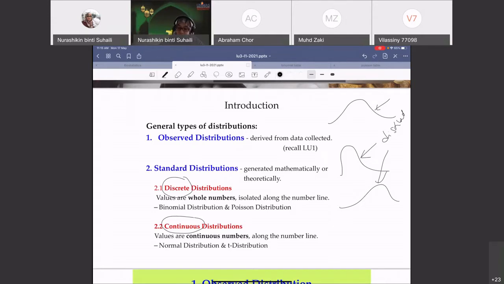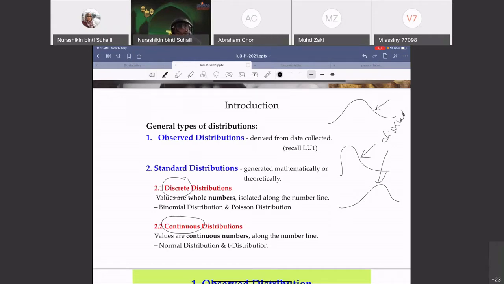For example, 50.1, 50.2, even 50.15, 50.16, 50.17. There are infinite values of the data. So that kind of data is continuous data, and if we want to analyze it, the whole data we call a continuous distribution.